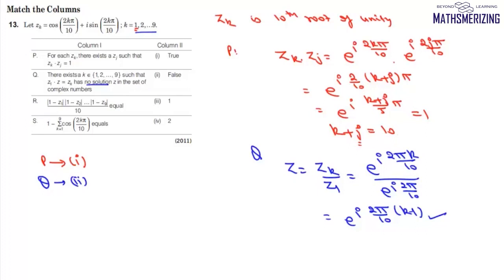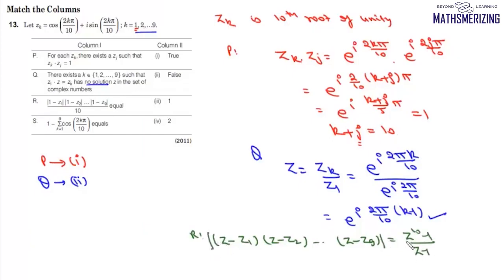Now we'll come to this r, which is mod of (1 minus z1)(1 minus z2)...(1 minus z9). Now we know that (z minus z1)(z minus z2)...(z minus z9) will be equal to (z to the power 10 minus 1) upon (z minus 1).